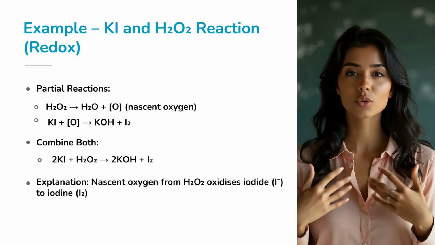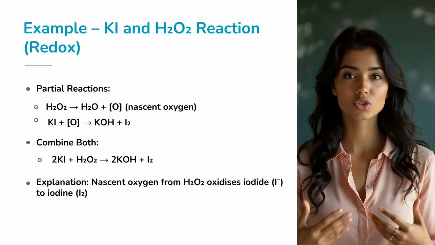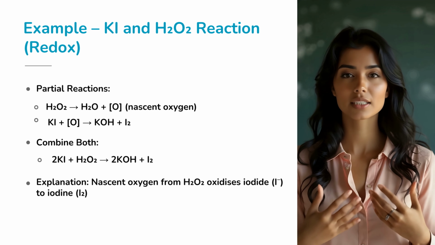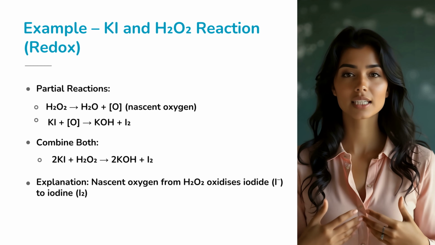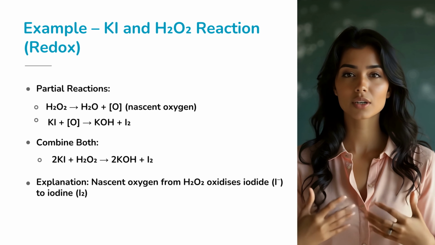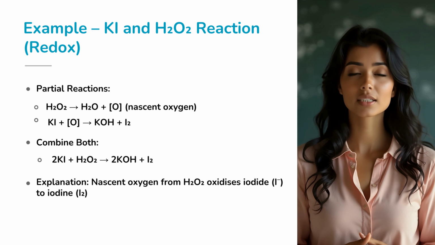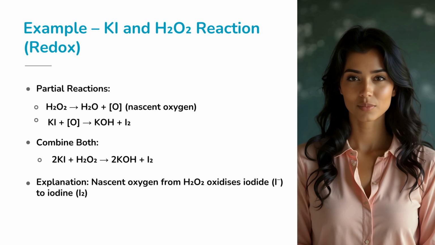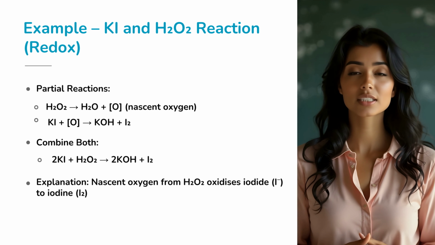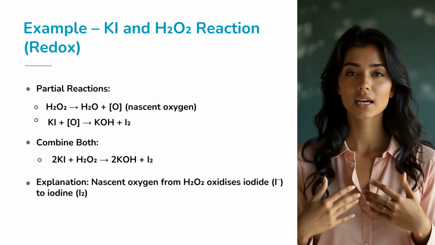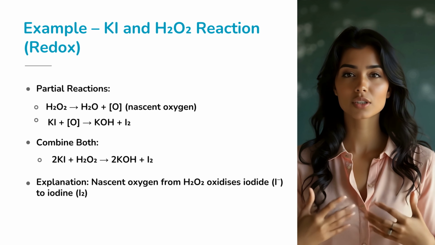Now we combine both steps: KI plus H₂O₂ gives KOH plus I2. We cancel out the oxygen since it appears on both sides, and the final balanced equation is complete. This reaction is important in iodometric titrations where iodine is liberated, and that iodine can then be measured to determine unknown concentrations.